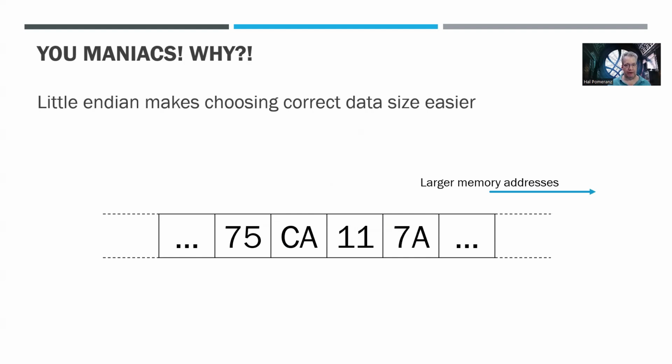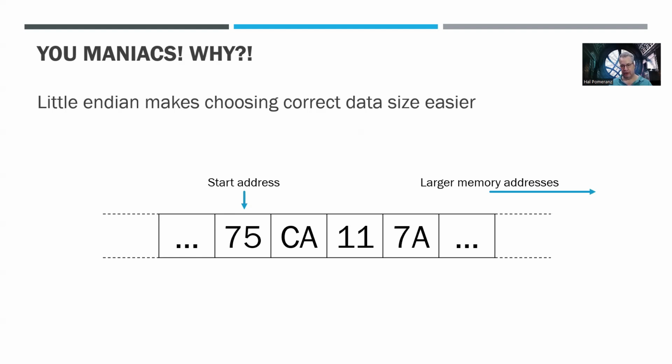Your data is referenced by the starting address, the first byte of your quantity, whatever that is. Okay, so let's say here's our start address, right where the 75 byte is. Okay, that's our starting address. With little endian ordering, if I want a byte, boom, there it is.